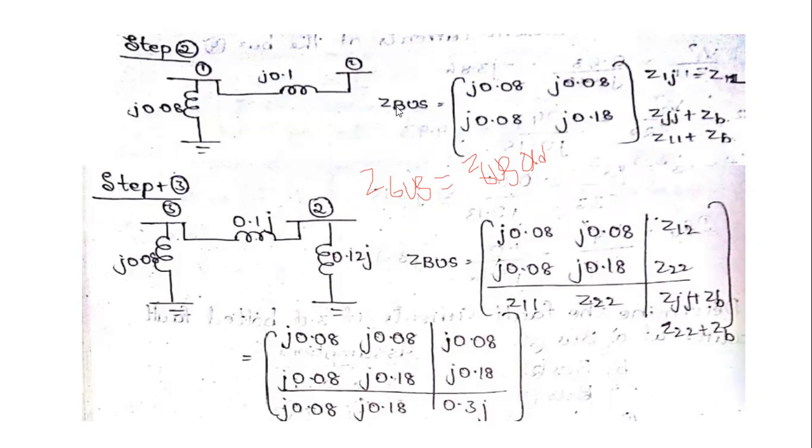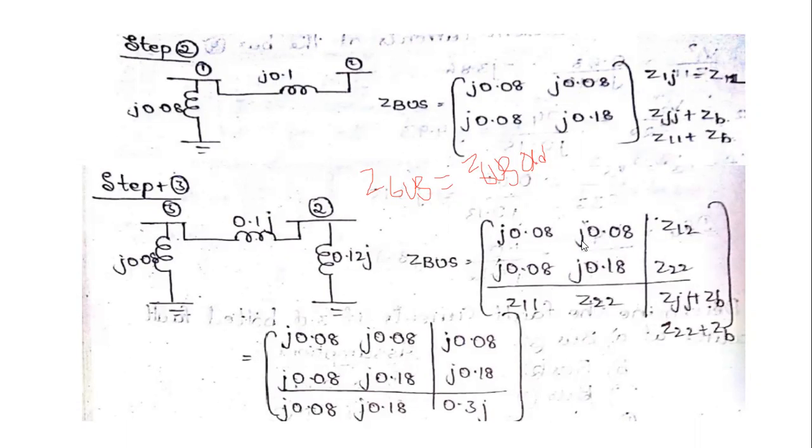Next, coming to step 3. This is the generator, which will be added between an old bus and the reference. If an element is added between an old bus and reference, it is a type 3 modification. This is the formula for forming that matrix: Z11, Z12, Z22, and ZJJ plus ZBB.